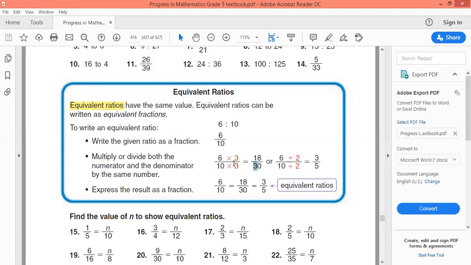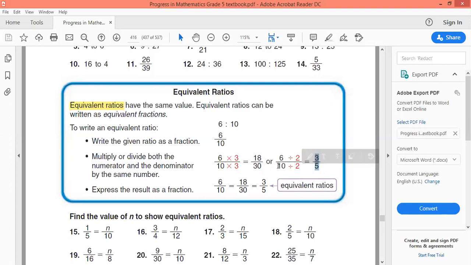You can get equivalent ratios by multiplying or dividing by the same number, not a different one. As you can see, 6 over 10, they have multiplied by 3 and 3, or you can divide both by 2 and 2. Okay, 18 over 30 and 3 over 5.